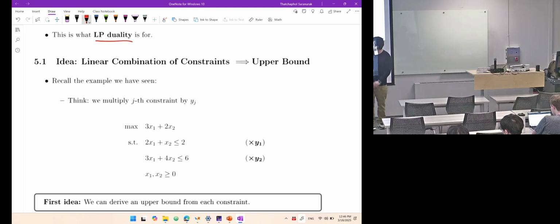Imagine that I introduce some variable y to multiply each of these constraints. The first idea is that we can derive an upper bound by focusing on each constraint.